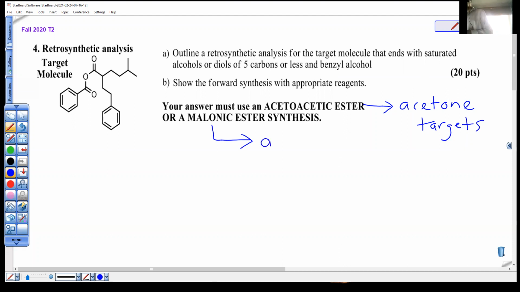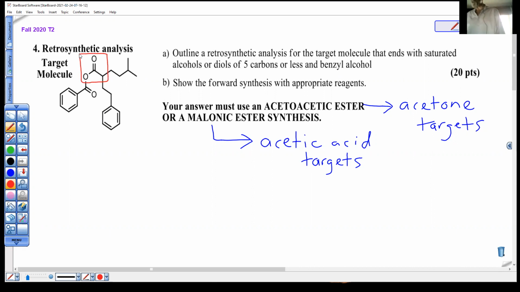It seems to me the malonic ester synthesis is more appropriate because all the targets will be acetic acid targets. So if you can find acetic acid or some derivative of it in your molecule, then a malonic ester synthesis is what you need to use.